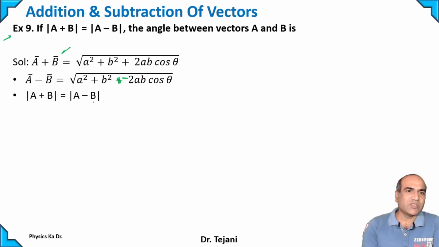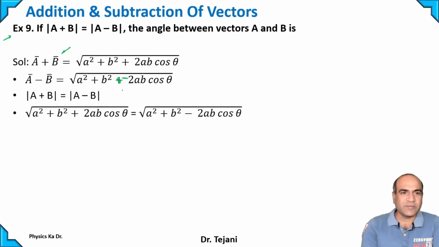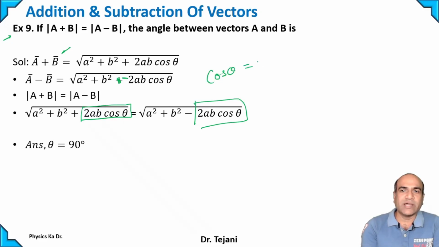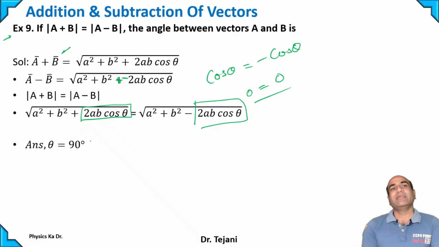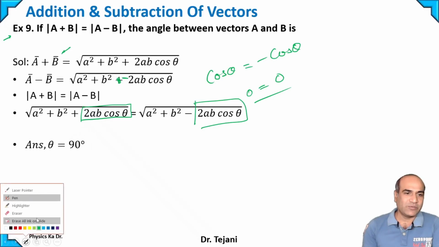So here given A plus B is equal to A minus B. Put the values here and let's remove the square power. When both the equations are equal, that means this portion should be equal, and ultimately cos theta must be equal to minus cos theta. When does it happen? When cos theta is 0. Otherwise, both are not equal for any other degree. It should be 0. Right. And it becomes 0 when theta becomes 90 degrees.